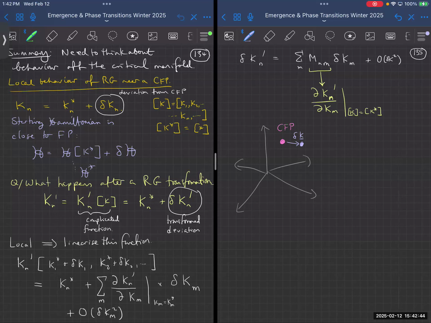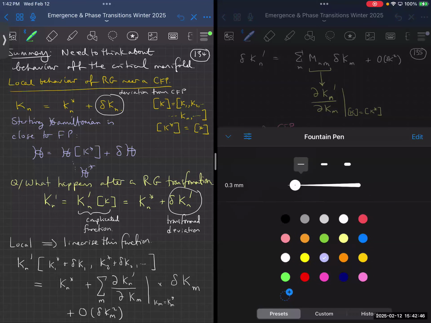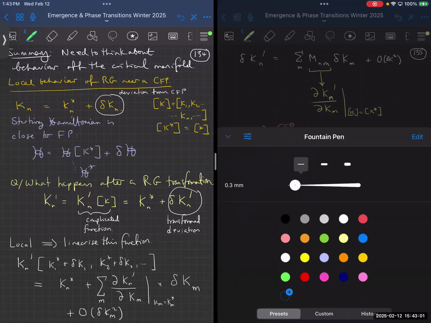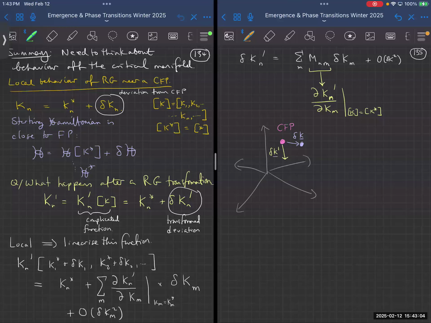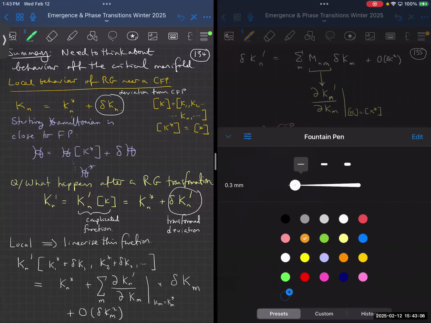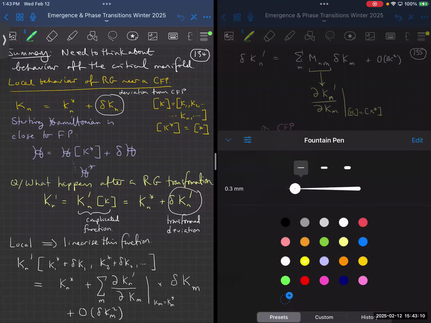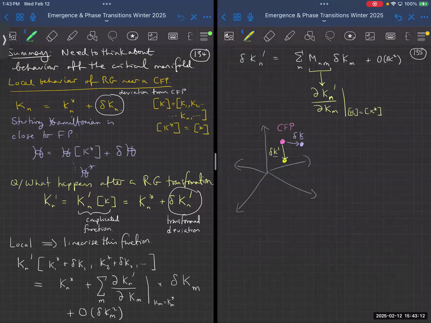And then what I do is I do a renormalization group transformation. And under that renormalization group transformation, this thing now becomes, let's say, delta k prime, like so. And so this point has moved from here to here like this.